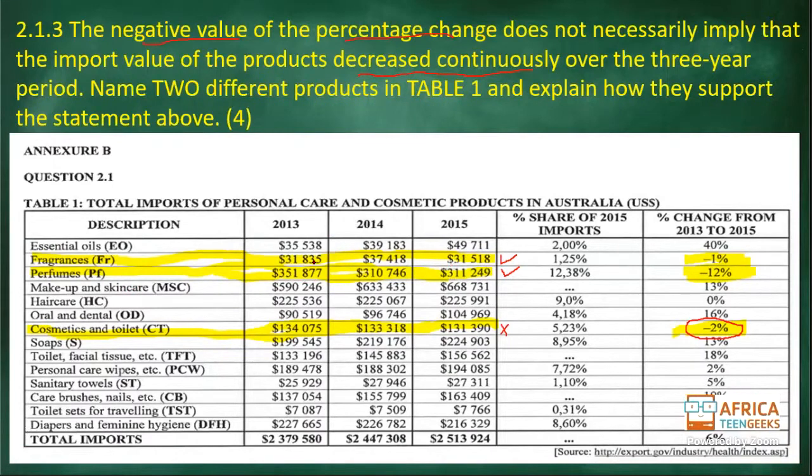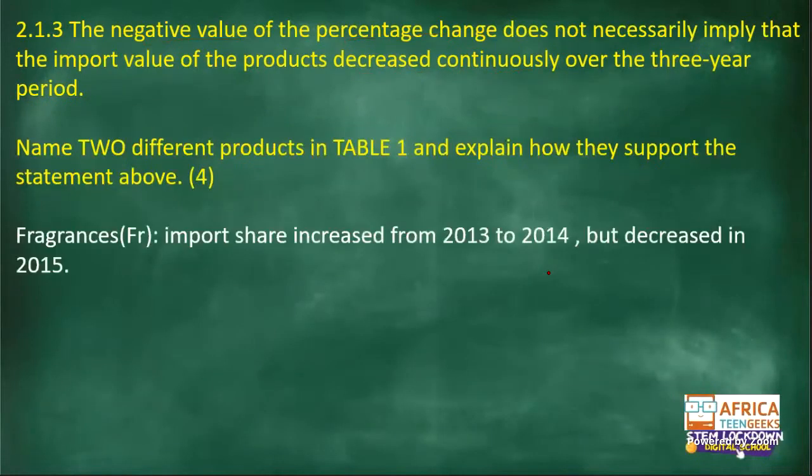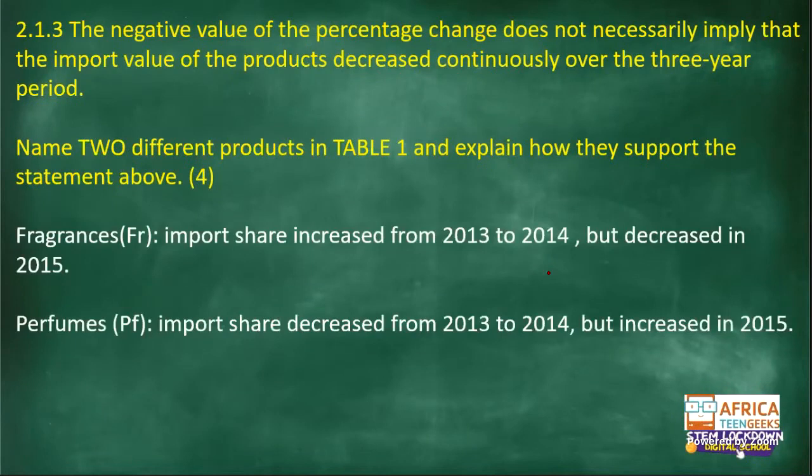It only decreased once. The fragrances only decreased from 2014 to 2015, and perfumes only decreased from 2013 to 2014. That is what we've just explained.